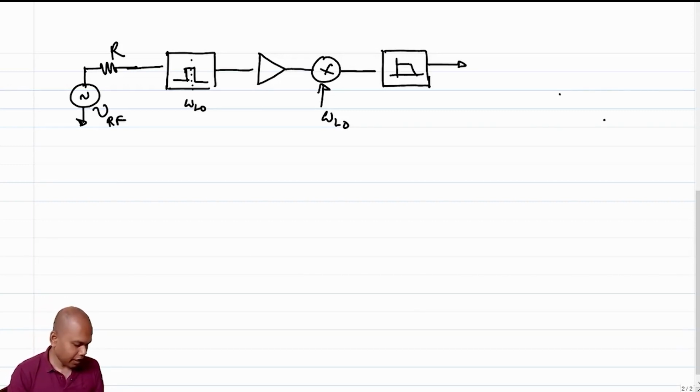Now, if we just follow that line of reasoning, then it should not be hard to appreciate that if the mixer is made using transistors, there will be a path for the LO waveform to get coupled to the input port of the mixer, right?